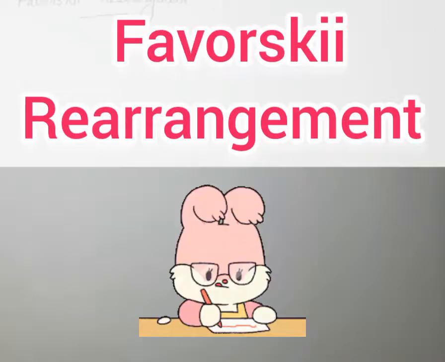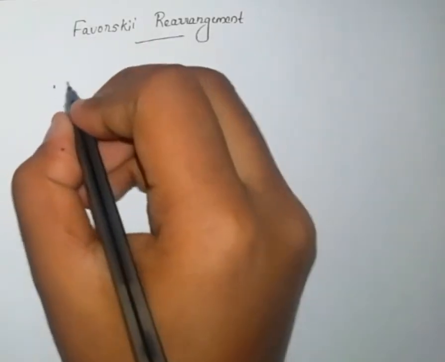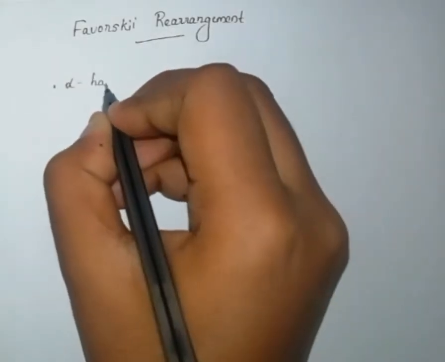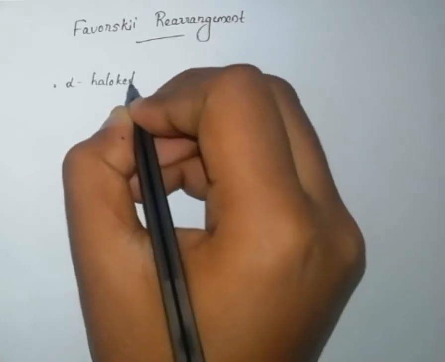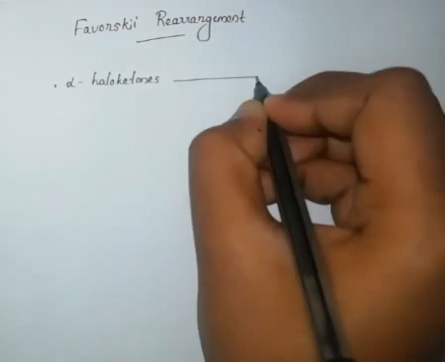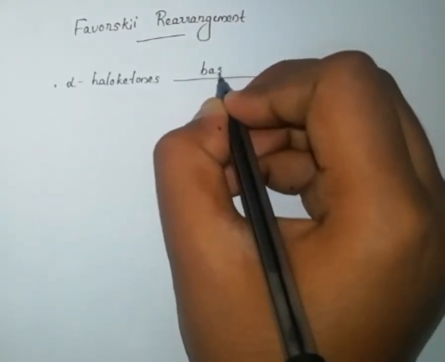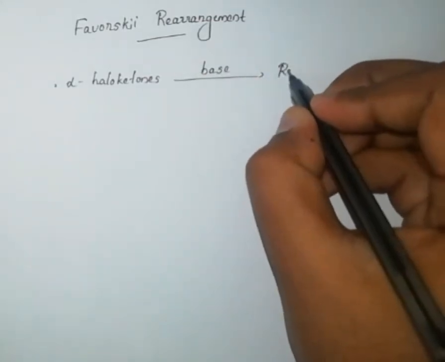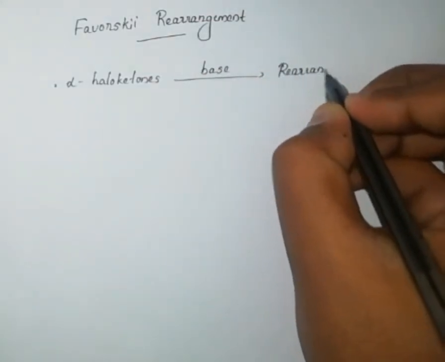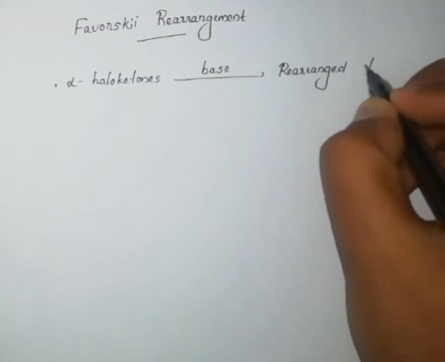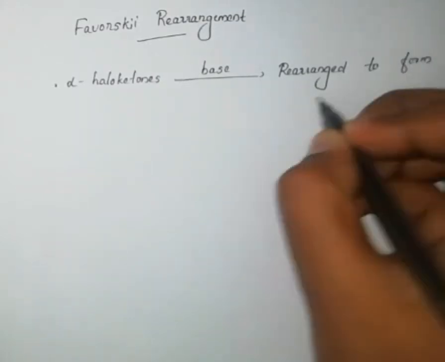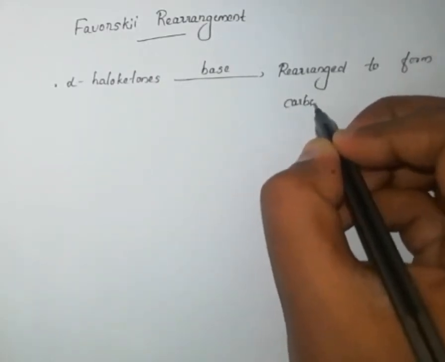Today we are discussing the Favorskii rearrangement. Favorskii rearrangement occurs in alpha haloketones. Alpha haloketones, in the presence of base, are rearranged to form carboxylic acid derivatives.